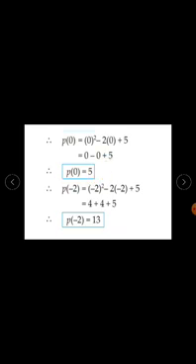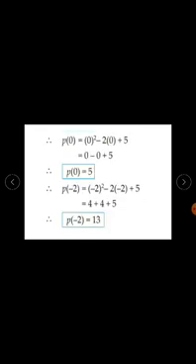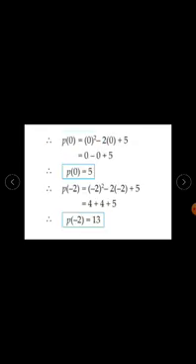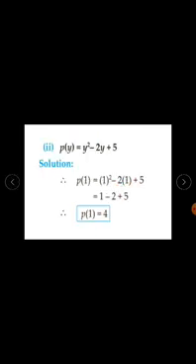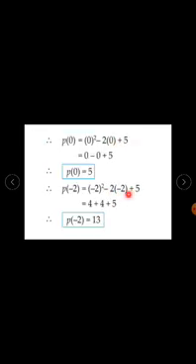Now next you have to find p of minus 2. Again, p of minus 2 means put y equal to minus 2. So p of minus 2 equals minus 2 square, minus 2 into minus 2, plus 5.